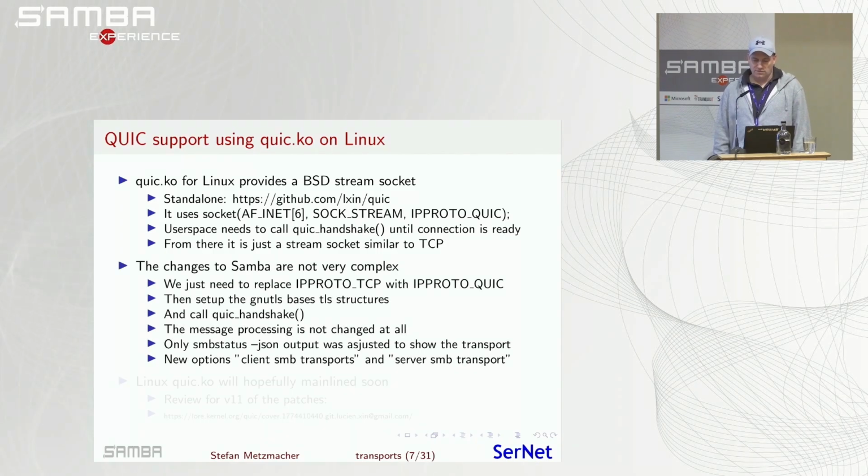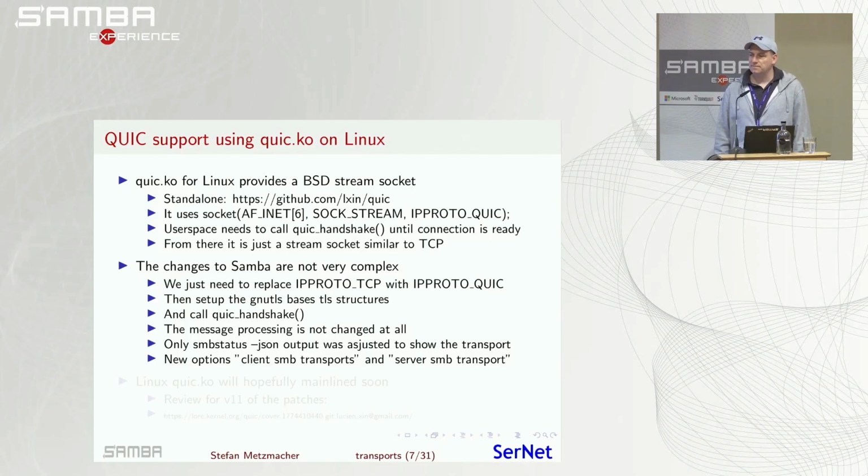Yeah, and for Samba, it's also very easy to do. We just need to switch from IPPROTO_TCP to QUIC. And as we already use GnuTLS internally, that makes it very easy to hook into this QUIC handshake, because it also uses GnuTLS based structures. From there, it was relatively easy to implement.